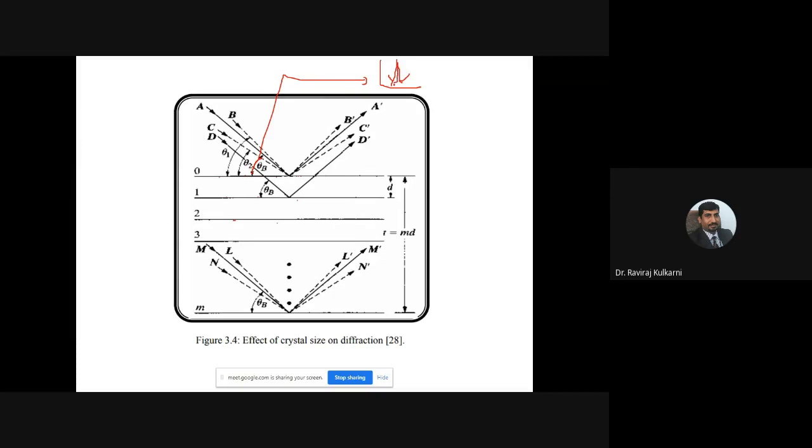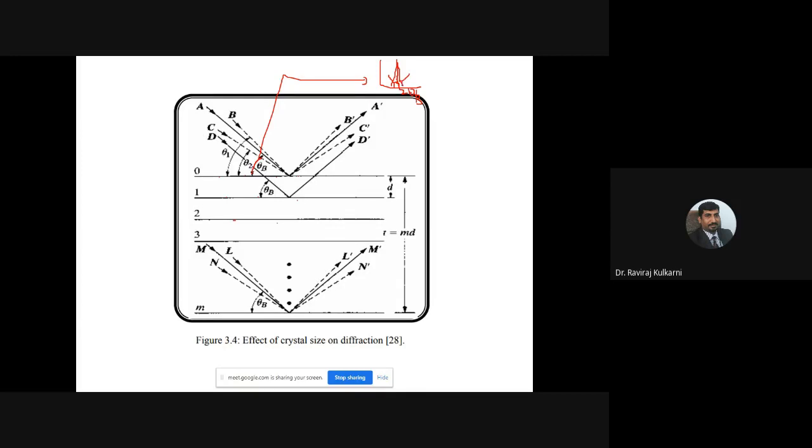And this angle is what? 2 theta B. And this angle is what? Slightly smaller, which is here.